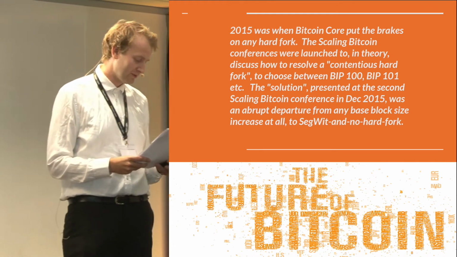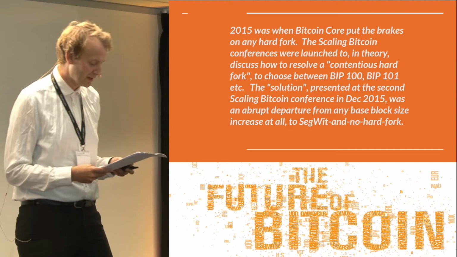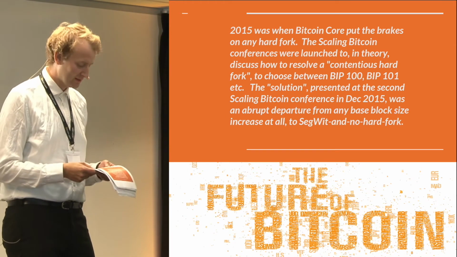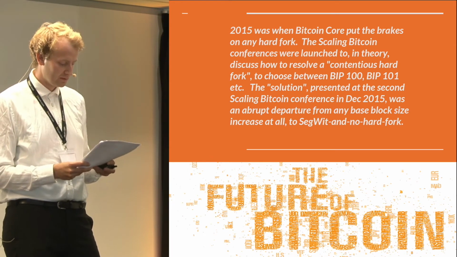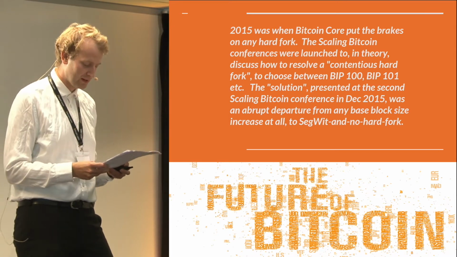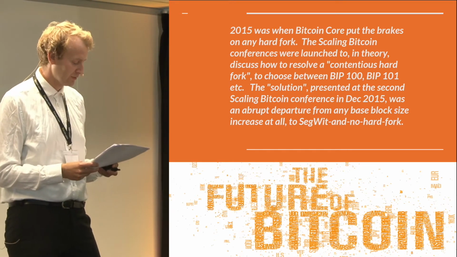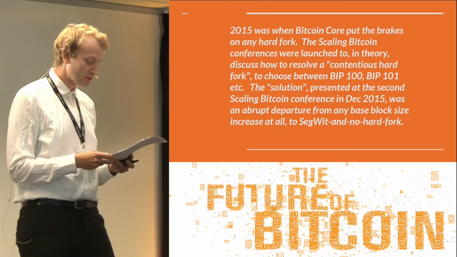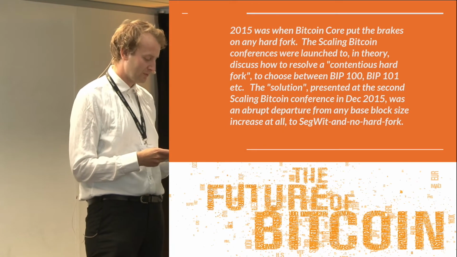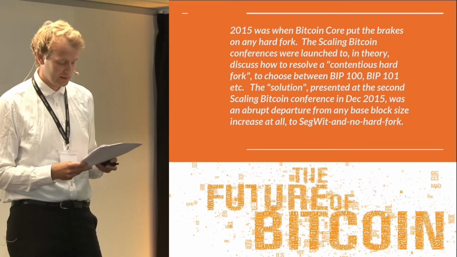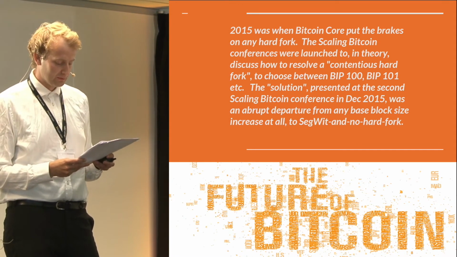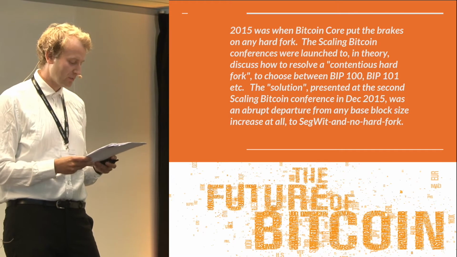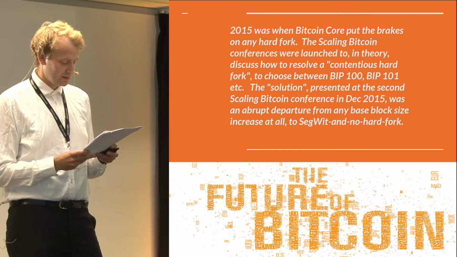So 2015 was when Bitcoin Core put the brakes on any hard fork. The Scaling Bitcoin conferences were launched to, in theory, discuss how to resolve a contentious hard fork, to choose between BIP100, BIP101, etc. The solution presented at the second Scaling Bitcoin conference in December 2015 was an abrupt departure from any base block size increase at all.